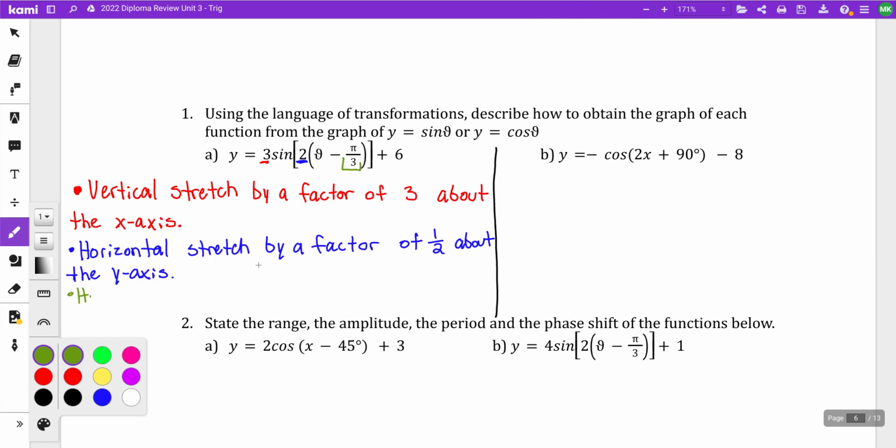So horizontal translation pi over 3 units. And then you got to decide a direction. Horizontal means left or right. Are we wanting to move left or right? Right. We are moving to the right. Correct. Even though it looks like it's negative pi over 3, it's actually not negative pi over 3. That value is pi over 3. The subtraction comes from our transformation formula, right? Opposite of what it looks.